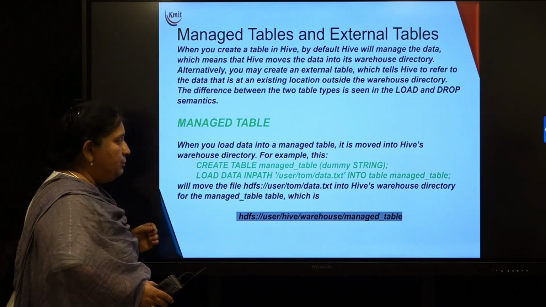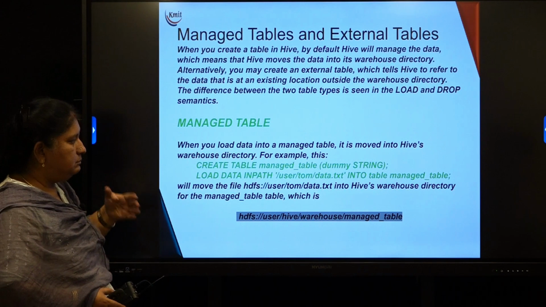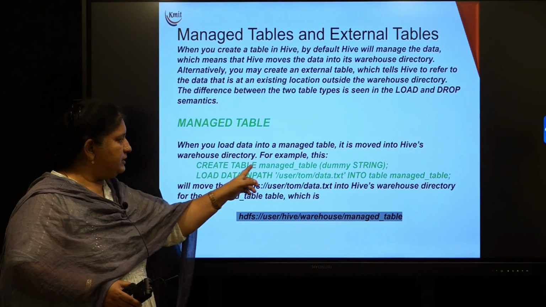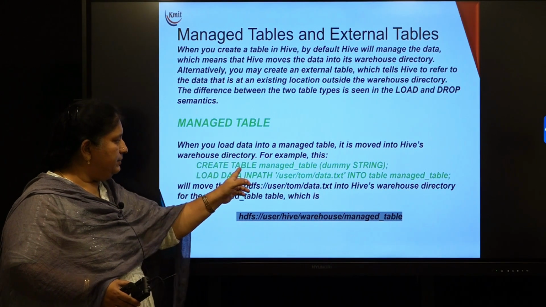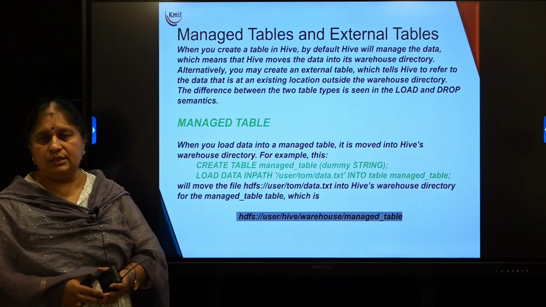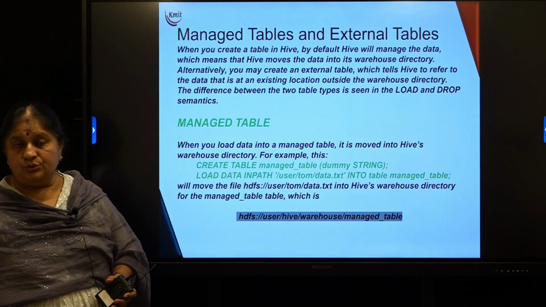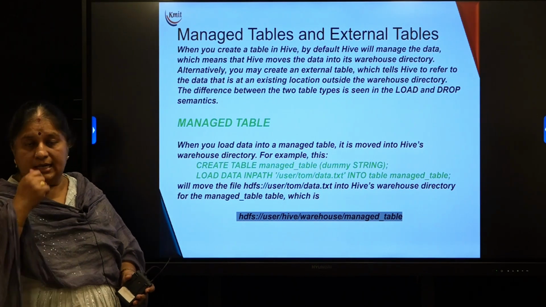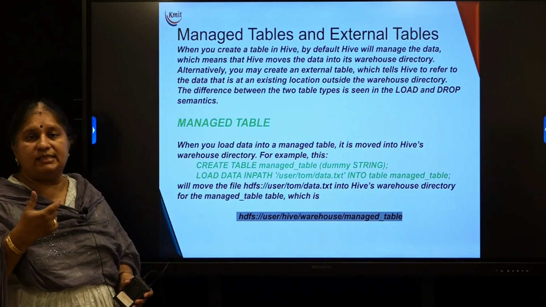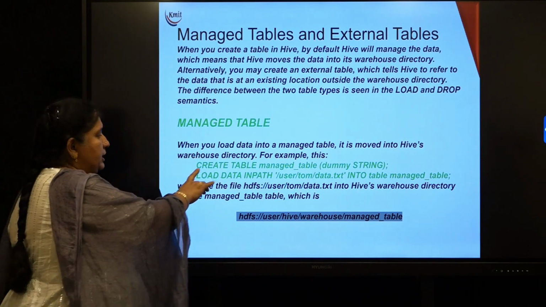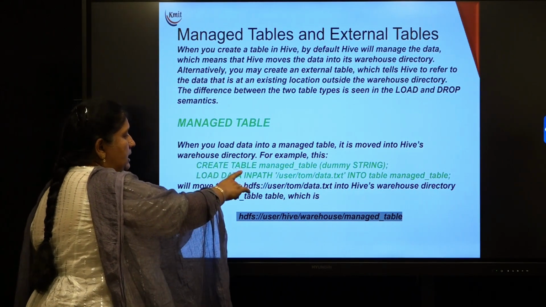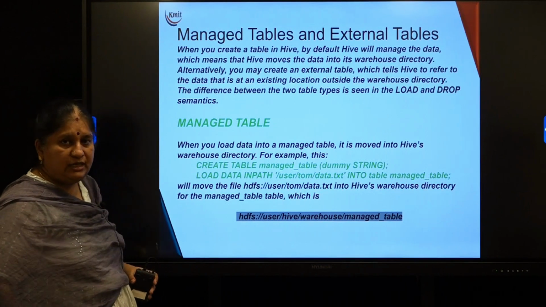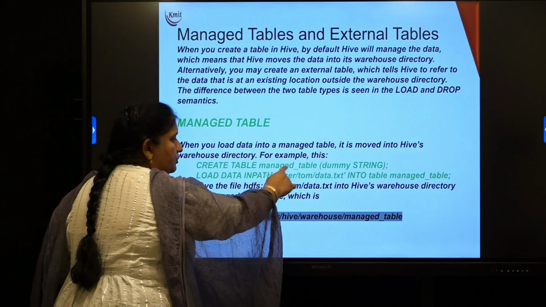By default I did not specify anything, I just told create table. Whenever you just use create table, it is understood as you are trying to work with managed tables. If it is an external table, there is a separate keyword, external. So if we are not mentioning anything between create and table, it is to be understood as a managed table. Not because of this word.